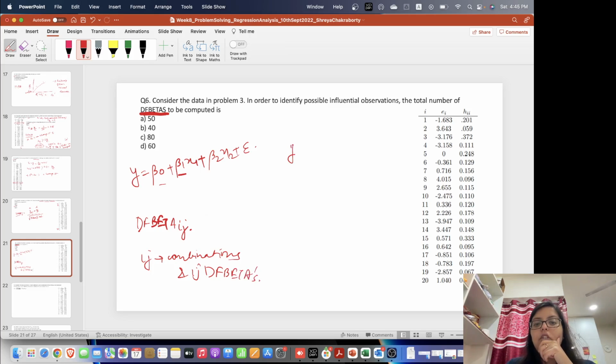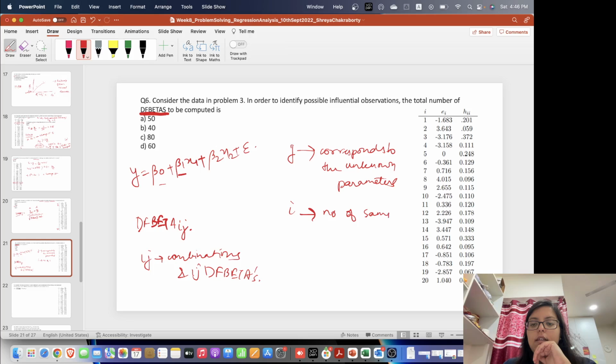I was telling that the jth one, let's say, corresponds to the unknown parameters, and i corresponds to the number of the sample ID. So here i ranges from 1 to 20 and j ranges from 1 to 3.